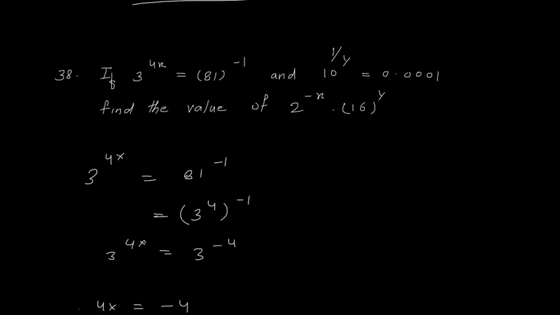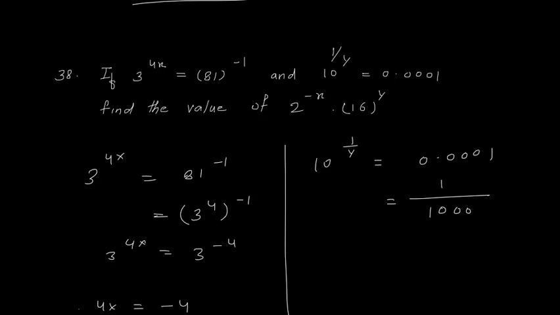And on the other side we have 10 power 1 upon y is equal to 0.0001. Now this 0.0001 is 1 upon 10000. Actually if it is 0.1, we have 1 upon 10. So 1, 2, 3, 4, I will put 4 zeros.